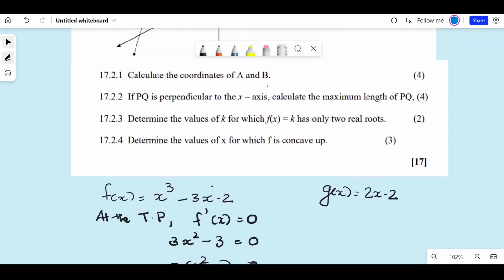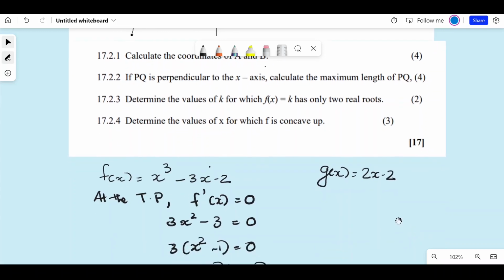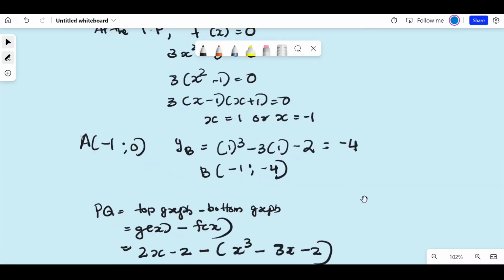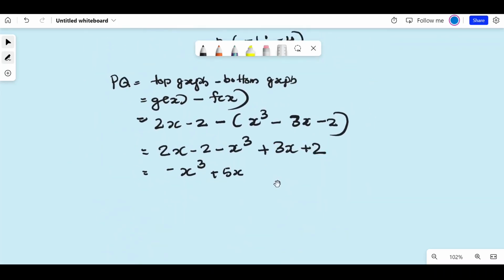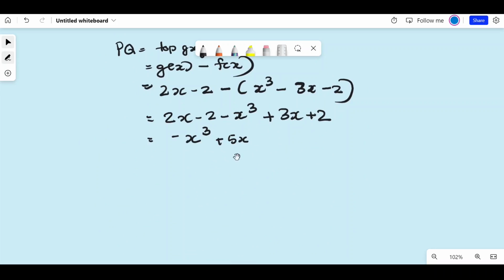Let me quickly check what the question was. PQ is perpendicular to the x-axis. Calculate the maximum. So this is just the length. Now to find the maximum length of PQ, the maximum is actually the turning point of this function. So we know that at the turning points, the gradients are equal to 0. So the gradient of this function becomes equal to 0.